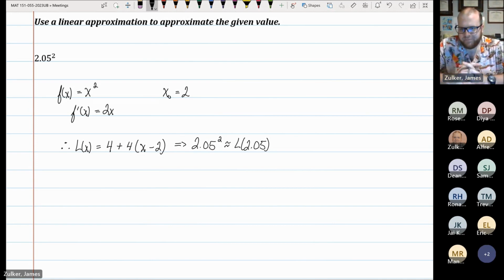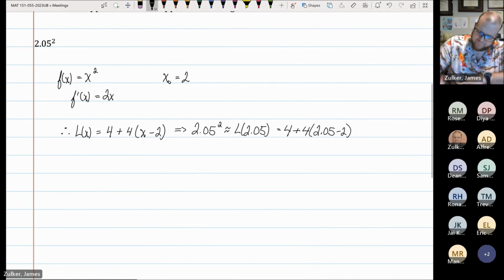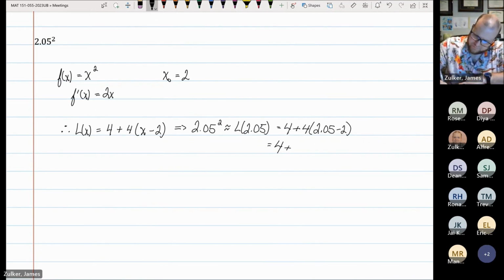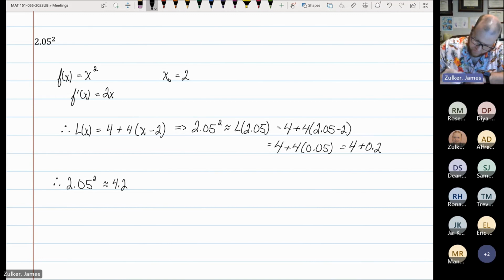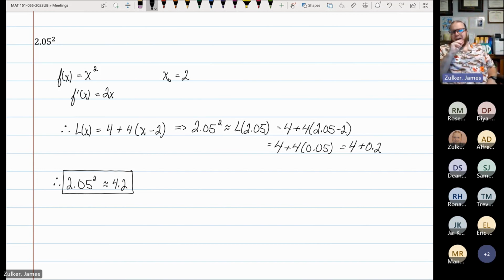This allows us to approximate 2.05 squared as L of 2.05. 2.05 squared is about 4.2.